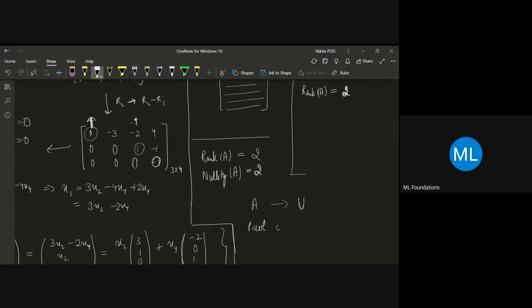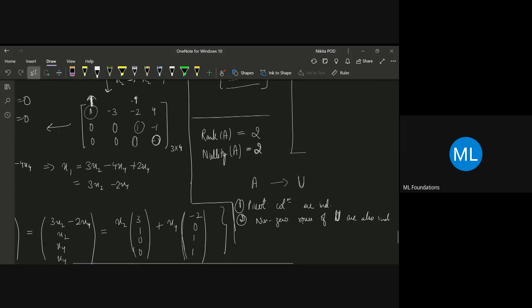So pivot columns will be independent, and the non-zero rows of U are also independent.